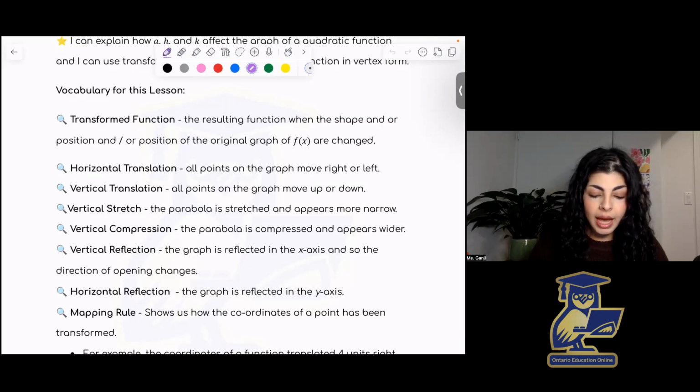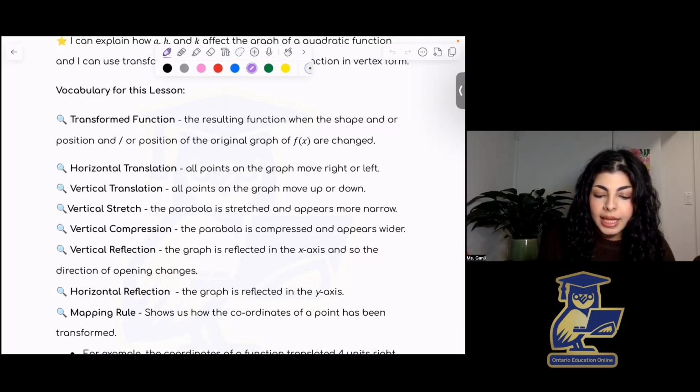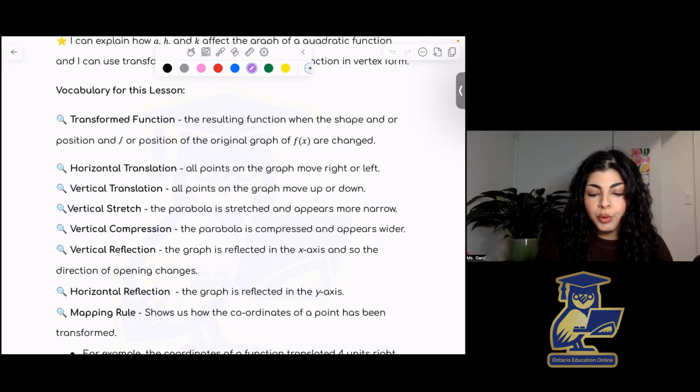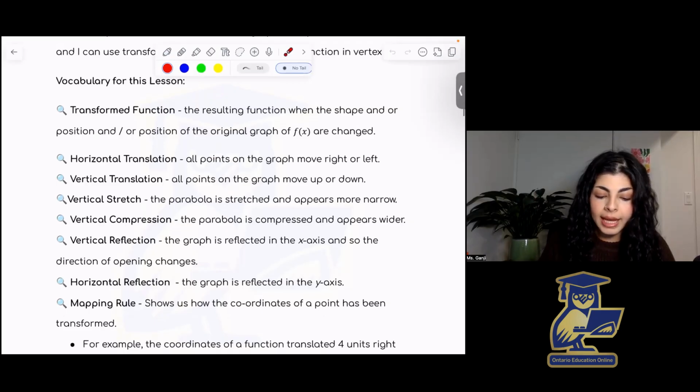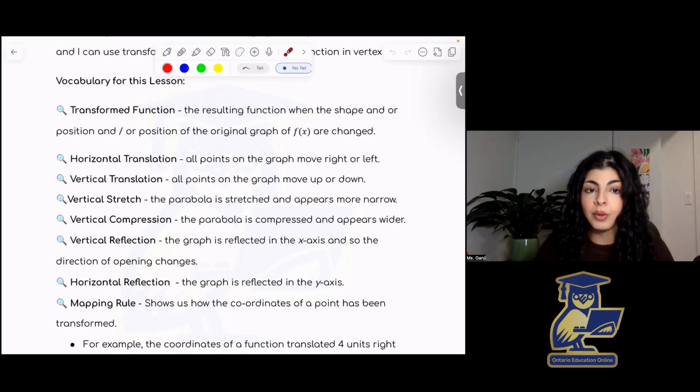Starting with translations, this is when we are moving our graph up or down or left and right. Horizontal is going to be our left and right movement, as well as vertical is going to be our up and down. When you move right or left, you're changing the value of the x values, and when you're moving up or down, you're changing the y values.